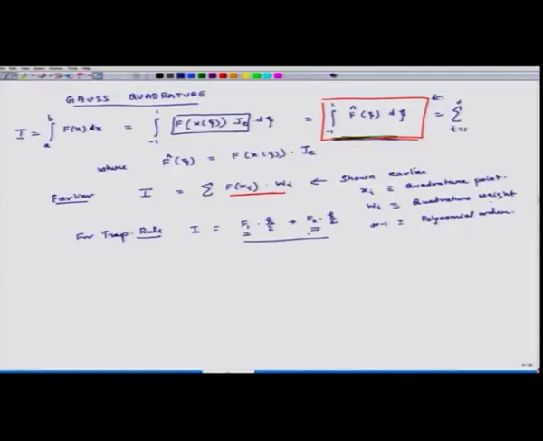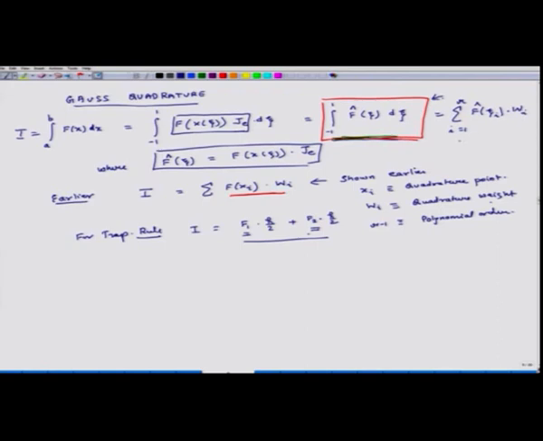the sum over i equal to 1 to r, just putting a new index, of f hat of zeta i, where f hat is f of x expressed in terms of zeta times the Jacobian, times Wi.